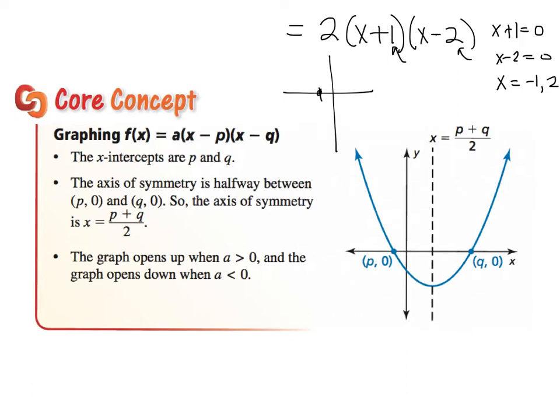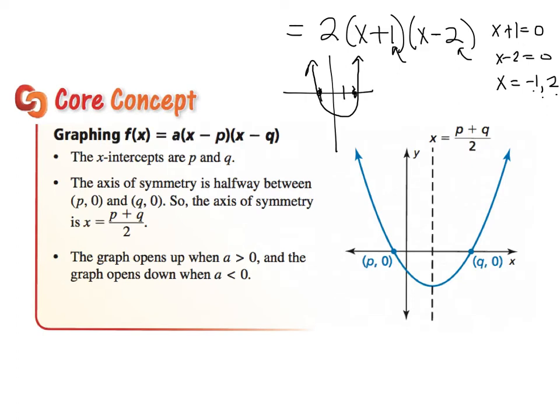Those are your x-intercepts. And to find the vertex, you're going to add these together and divide by 2. So 2 minus 1 was 1, half of that. Your vertex's x-value is going to be a half. And then you plug that in, and it's going to look something like this. And that is really bad.